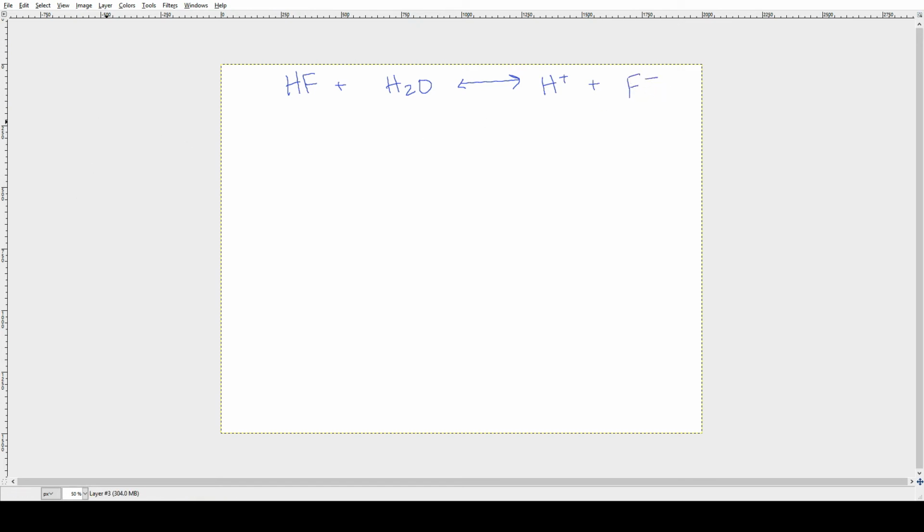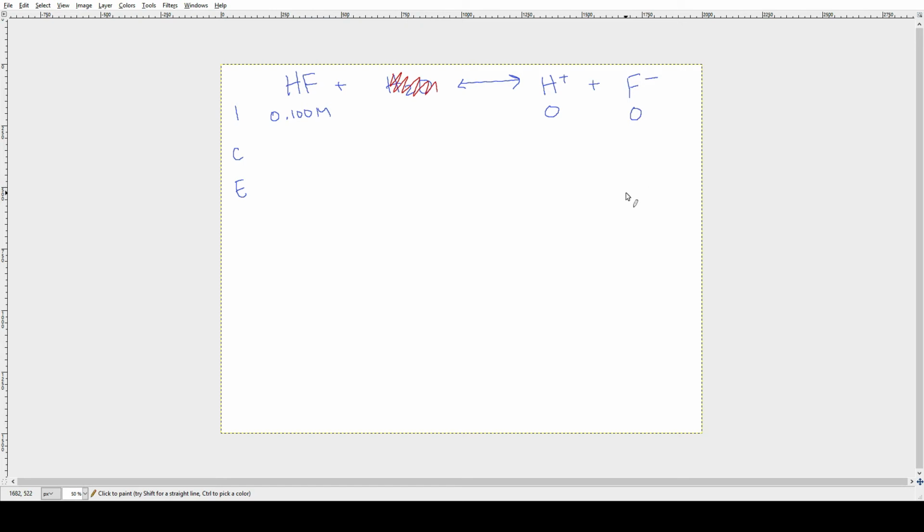And I know my water is not in here at all. Not used. ICE. This is going to take up a little more room, so keep that in mind. So they told me that I started with 0.100 molarity hydrofluoric acid. I started with that. I did not have any of the ions yet. So that's what I've got.